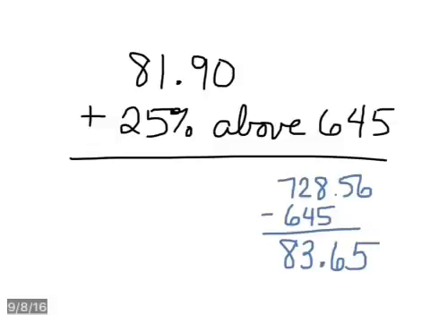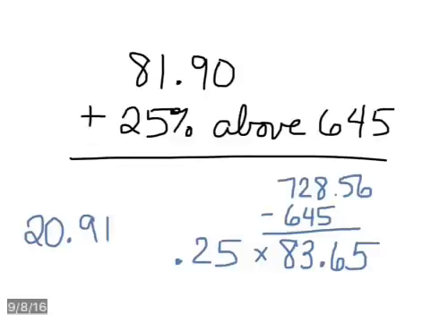Okay. Then we need to take that times 25%. Why did I put it as 0.25 instead of 25? Because I moved the decimal over. Right. Good job, Francis. So what is 0.25 times 83.65? 20.9125. Yep. So 20.91.